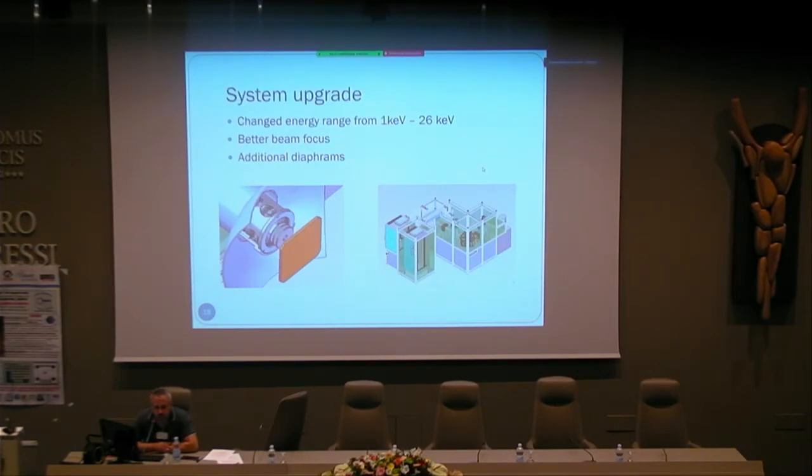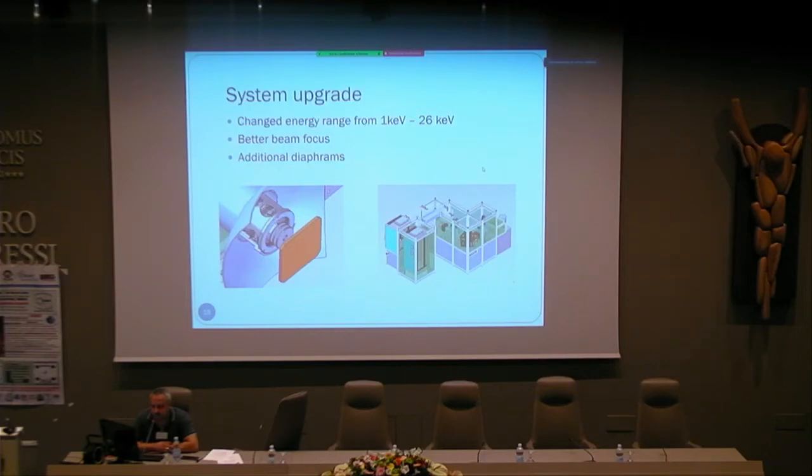What we believe is also one of the most important things is to get as low with the energy as possible. And with our current system, we lose a lot of beam due to going to lower energies.